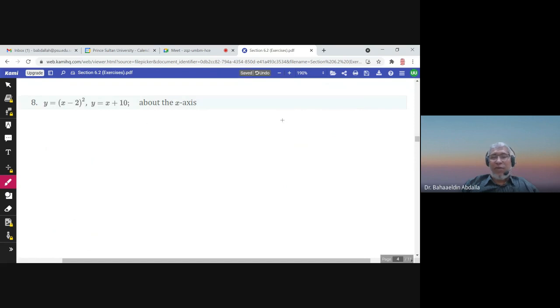I have a line and a parabola. This is the parabola, y equals (x minus 2) squared, so it is the same parabola, x squared, but moved 2 units to the right. So 1, 2, this is the parabola. y equals x plus 10, this is a straight line. If x is 0, y is 10.